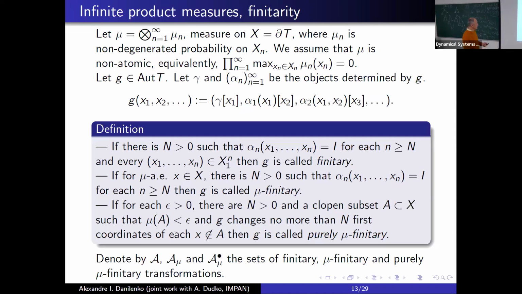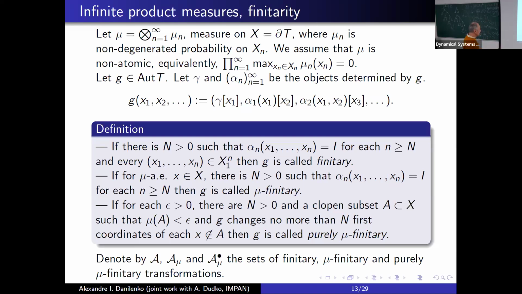This definition does not depend on any measure; it is purely algebraic. But if it depends on the measure: for almost every x, there is some n such that starting from this n, no coordinate changes.